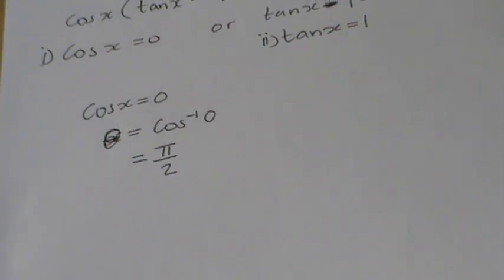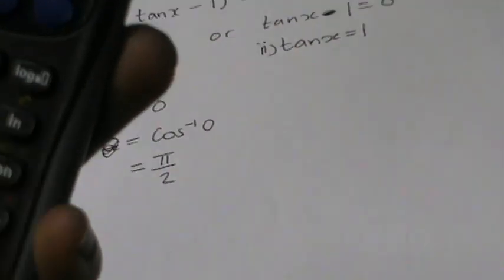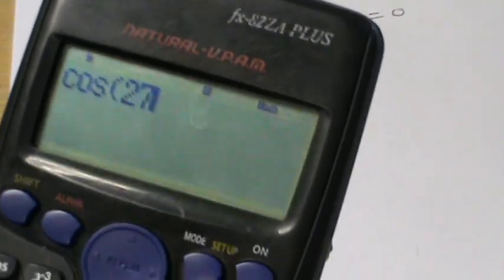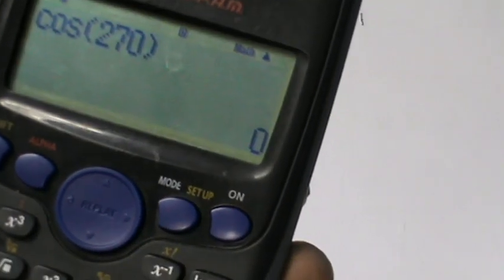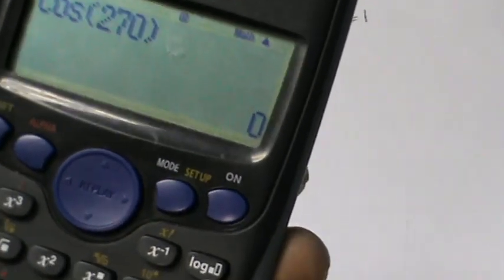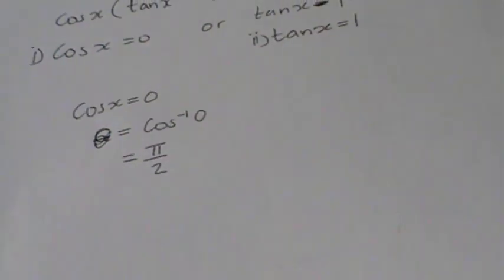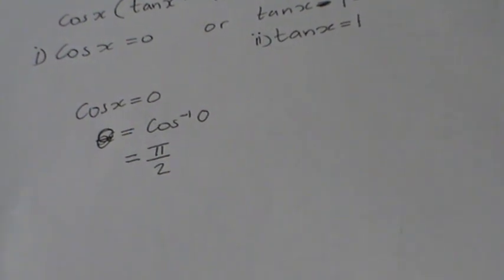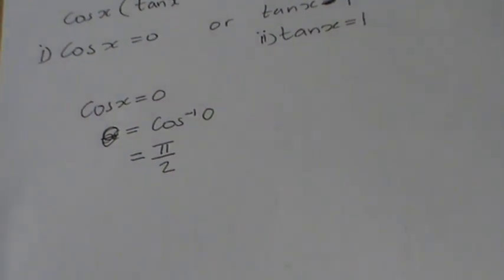Cos of 270, we can check. You can see it is also equal to 0. 90, 270, 180, 360, those are special angles. So it's always good to know what their sine, cos, and tan are.